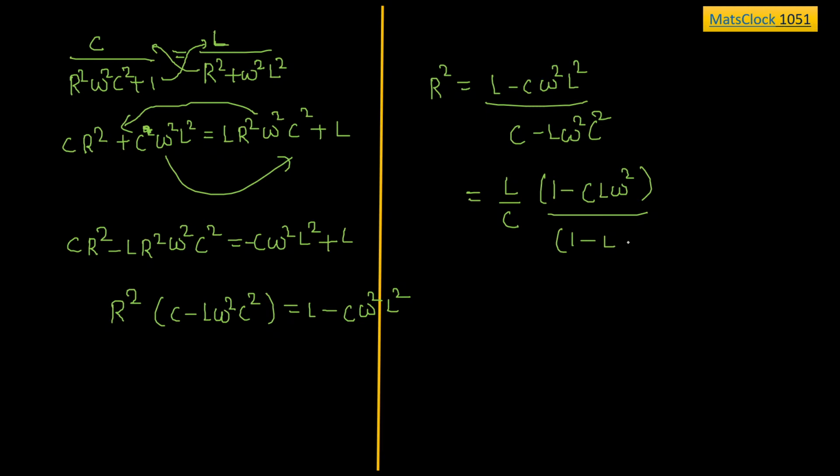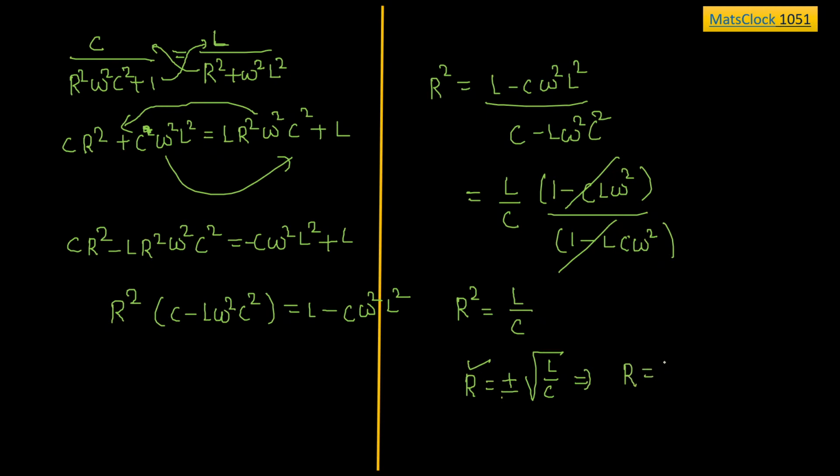Finally, if you observe, numerator and denominator are getting cancelled out. Yes or no? So just continue till the last point. So R square equal to L by C, or we can say R equal to plus or minus square root of L by C. But the negative value should not be accepted here. So from this I can say the value of R equals square root of L by C.